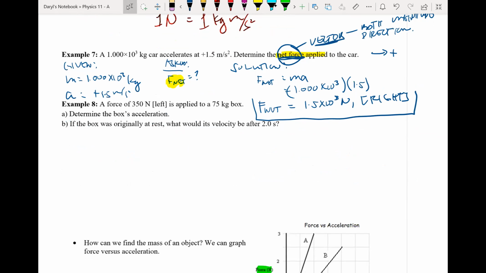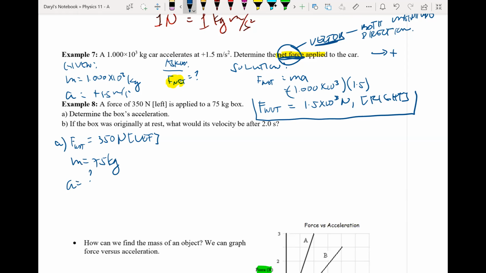So for letter A, the acceleration, well, you're given F net is 350 newtons to the left, okay, and the mass is 75 kilograms, and then A is question mark.